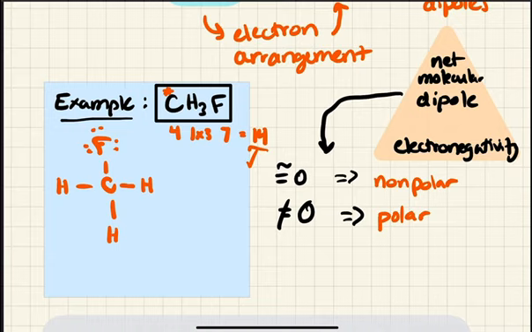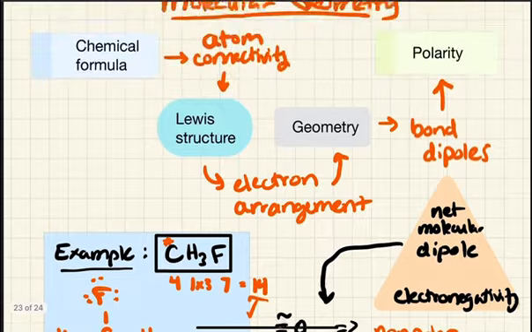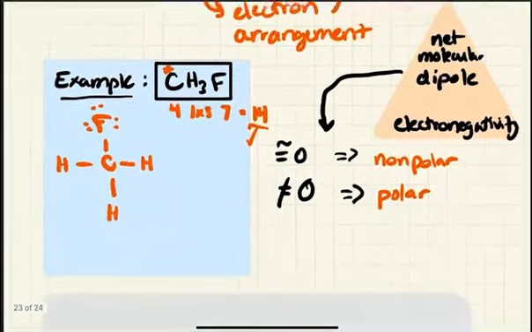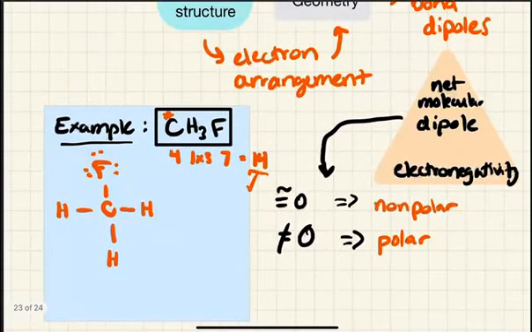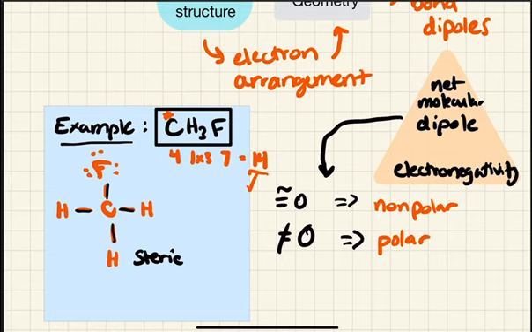Okay, so now we have a Lewis structure. Now what we need to look at next is the electron arrangement, and that is referring to the electrons around the central atom. So we have 4 regions of electrons around carbon. You could call it the steric number; that is one way you could refer to this. The steric number is 4, so it's 4 electron regions.